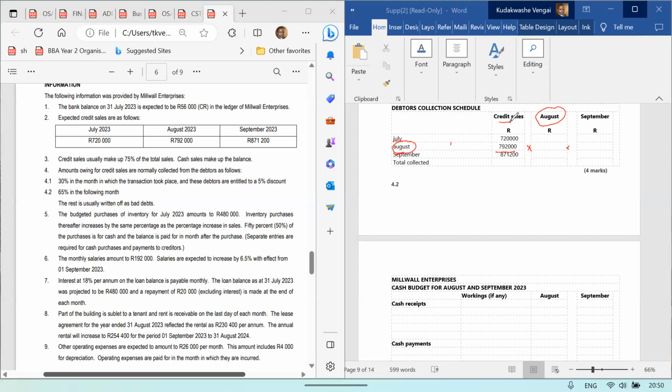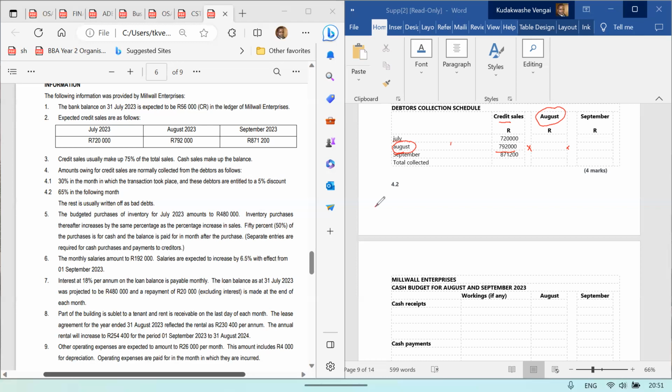So 792,000 is the credit sales that were done in August. But out of that, how much did we collect in August? We only collected 30%, because it says 30% in the month in which the transaction took place. So we multiply by 0.3, and we get 237,600 rand.